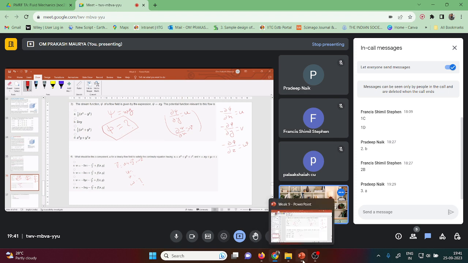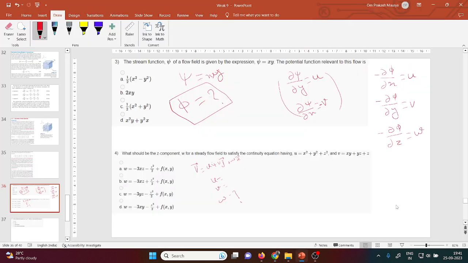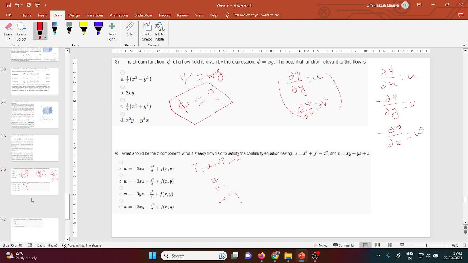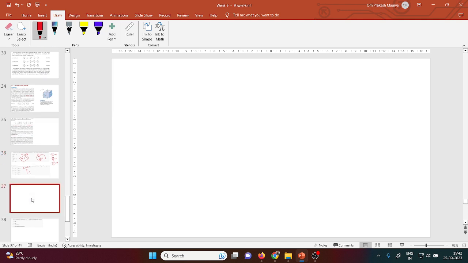Okay, now we'll move. So how will you solve this question? Let me explain. Actually, your question is given: phi is equal to xy, and you know the formula of psi, del psi divided by del y is equal to u.